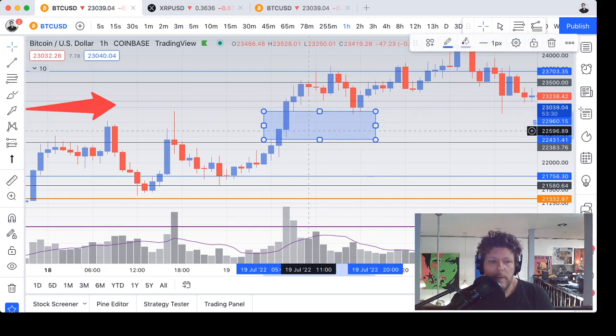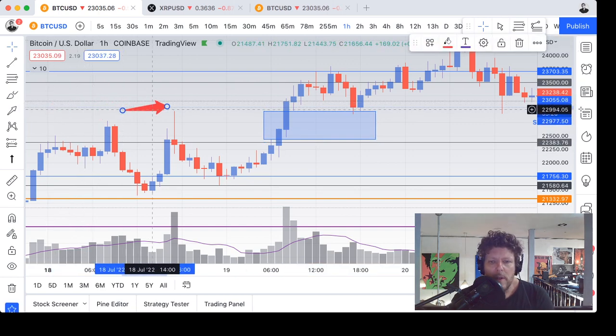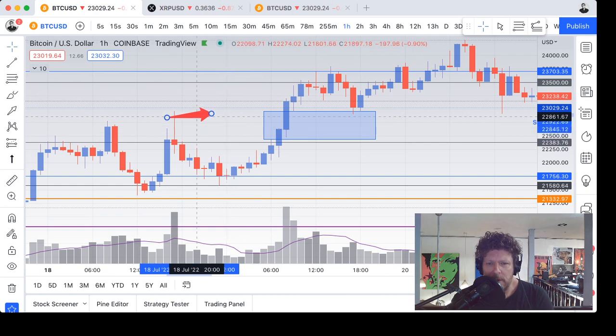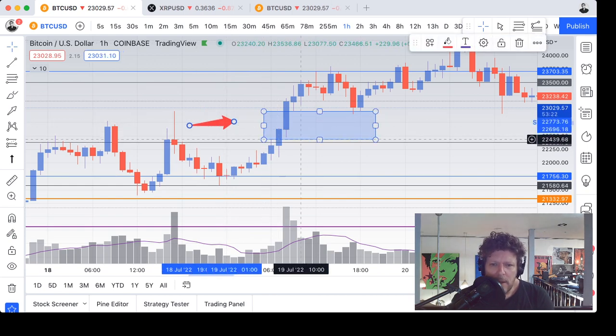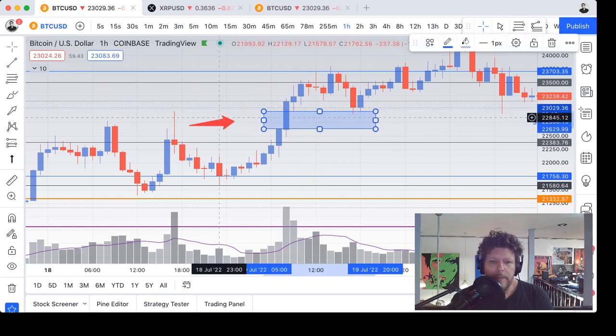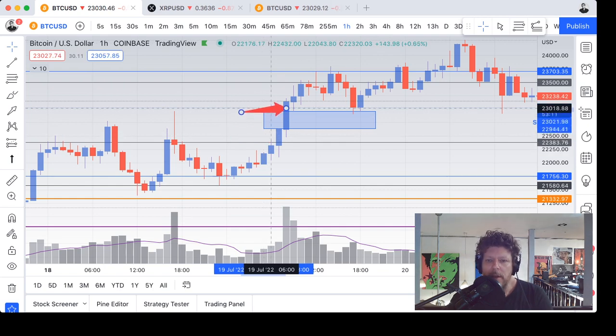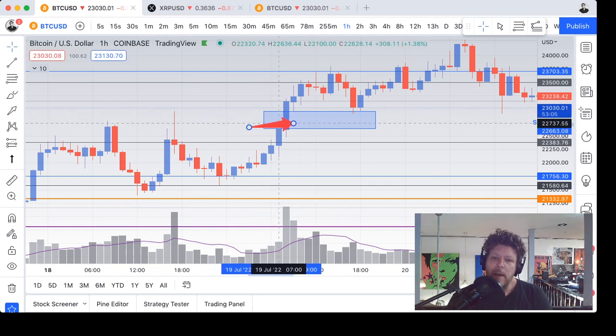And again, let's drag this over. So there's a little tiny wick at the top of this candle right there. You can barely see it. So I'm just using the candle top for now. And then this third candle here, I'm using that as the bottom, and assuming there's a fair value gap in here.